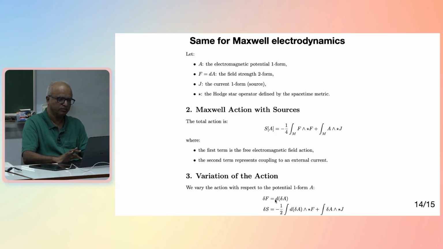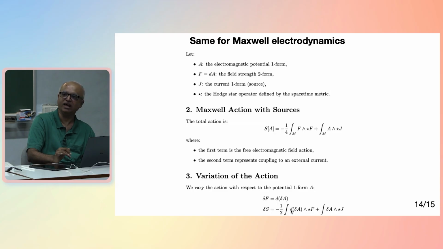Vary the action with respect to the potential one form. This variation is not the exterior variation with respect to delta A. Okay, so d delta A wedge star f, and again the other term, the variation, sorry, I made a mistake. d is the exterior derivative, f is dA.